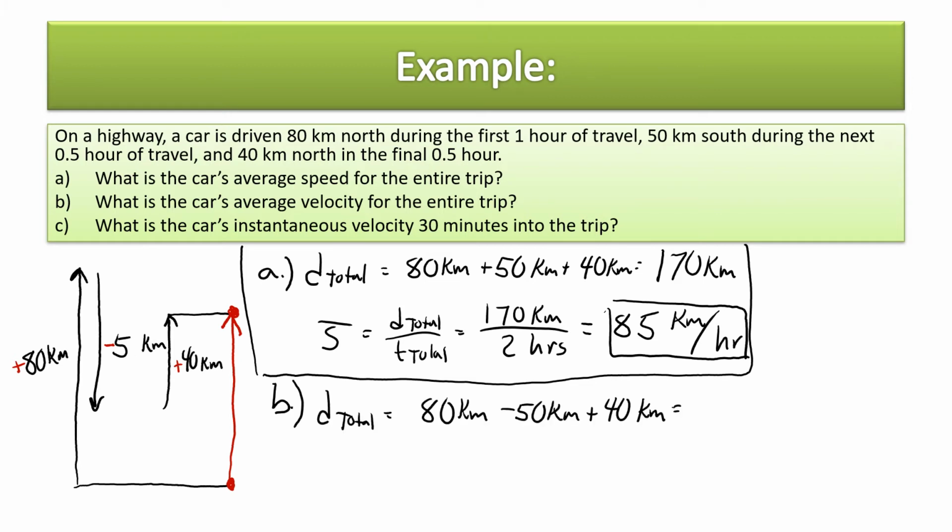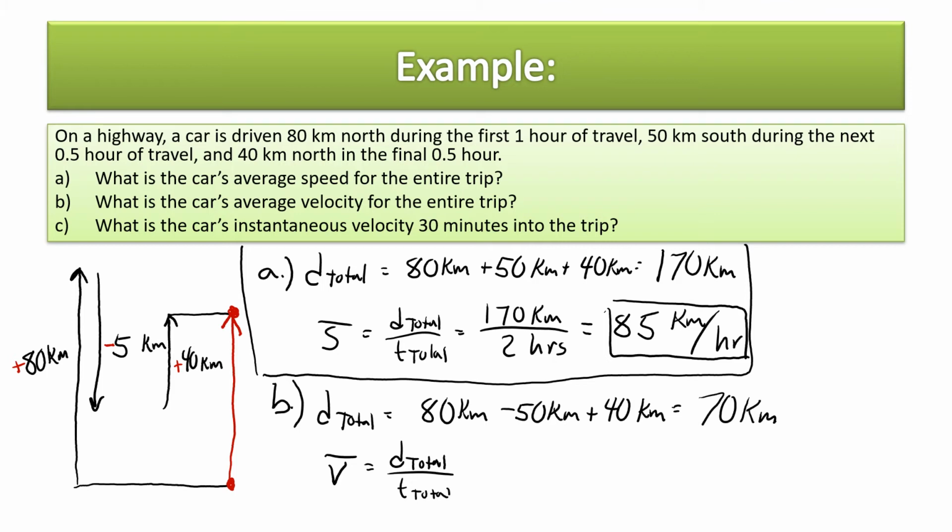80 minus 50 plus 40. Or you could say 80 plus negative 50 plus 40. And either way, you still get 70 kilometers. So that is the total displacement. And now the average velocity is the total displacement divided by the total time.